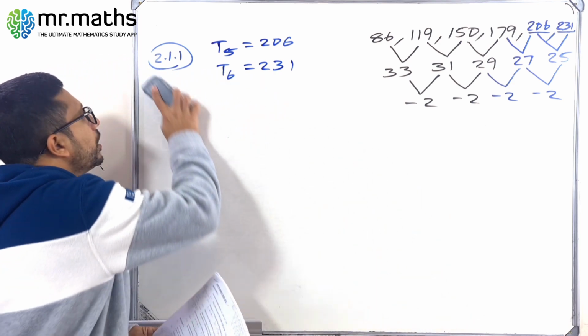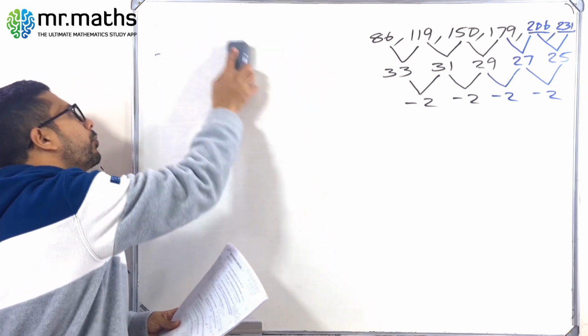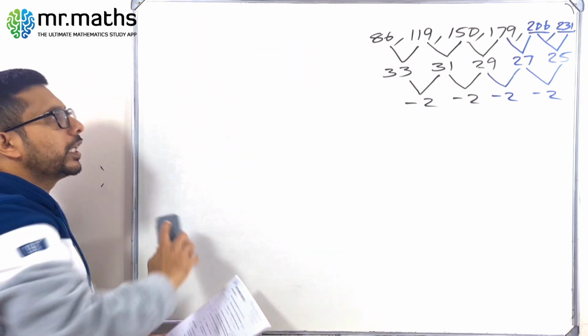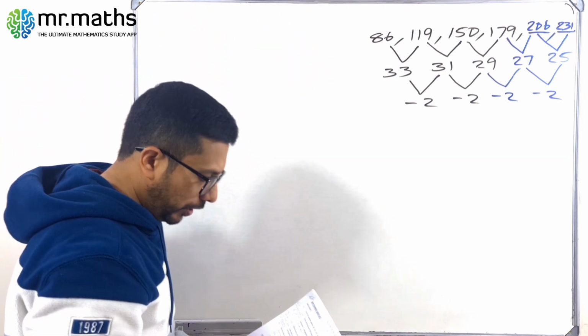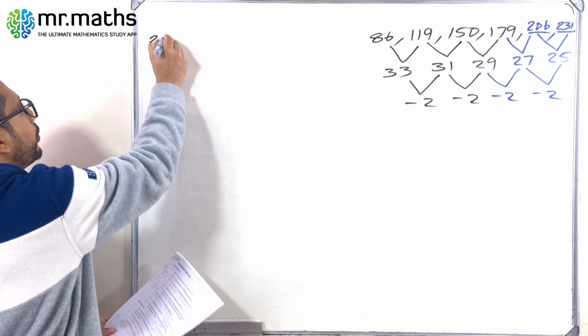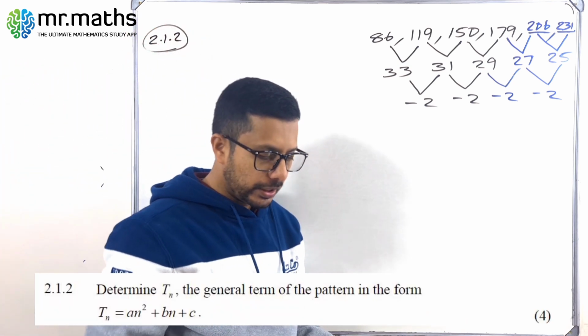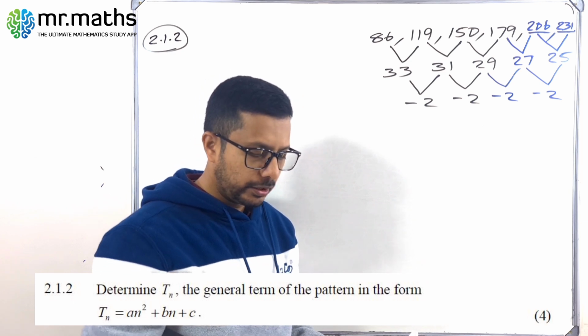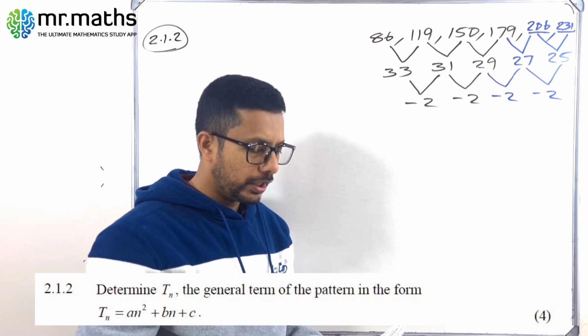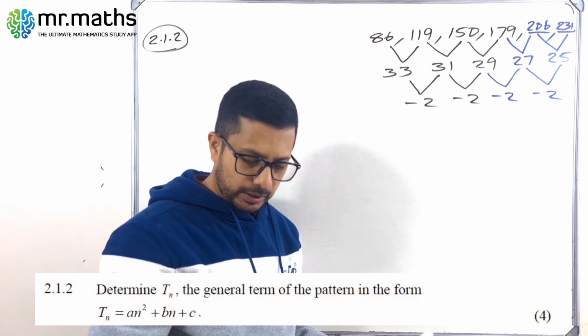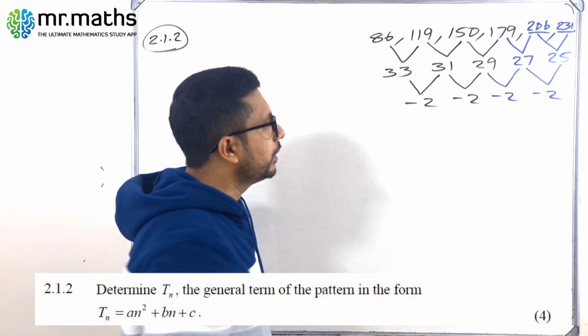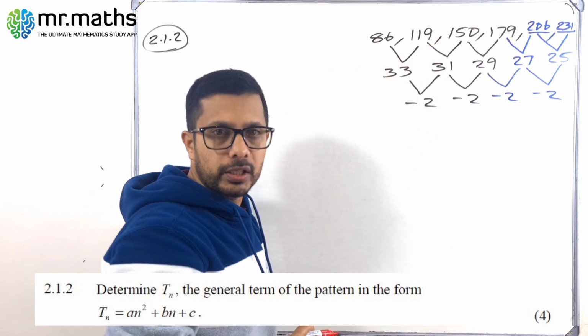2.1.2. You have to find the general term. Determine Tn, the general term of the pattern, in the form Tn is equal to an square plus bn plus c. So you have to find the general term for this quadratic sequence.